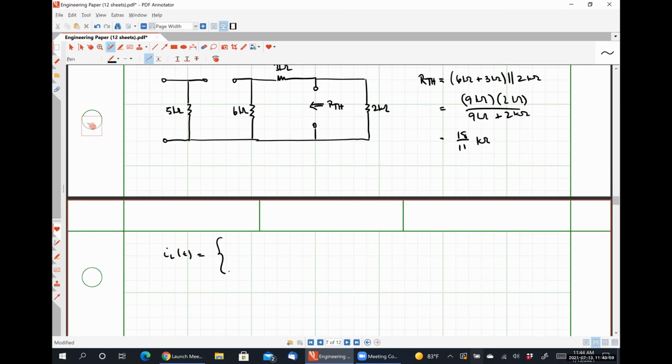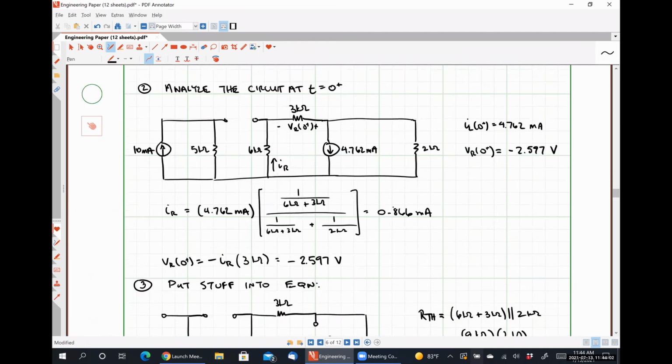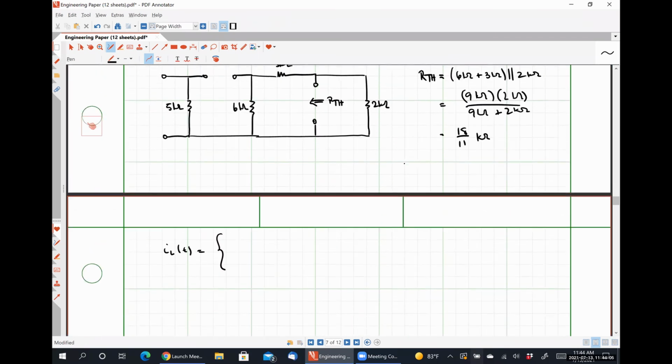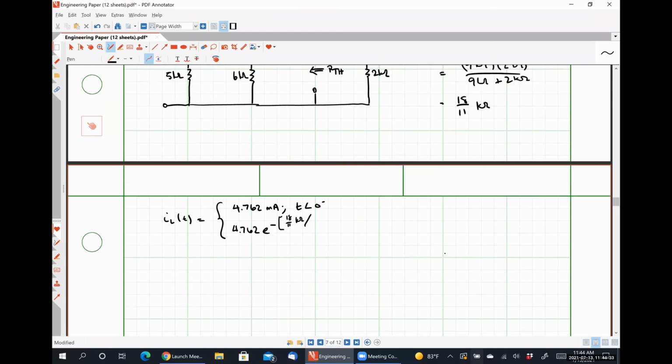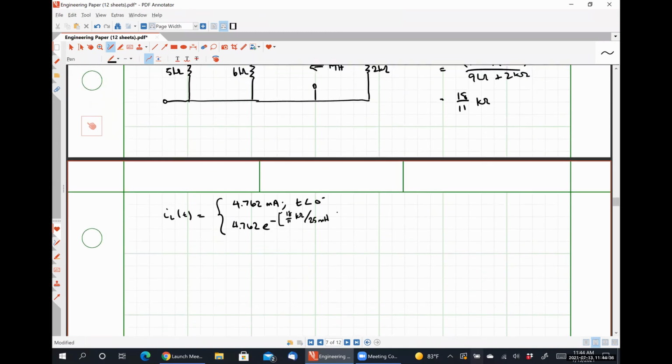So IL at 0 was 4.762 milliamps for t less than 0 minus, and then we'll have 4.762 e to the minus 18 over 11 kilo ohms divided by our inductor value, which was 25 millihenries, t, for t greater than 0 plus.